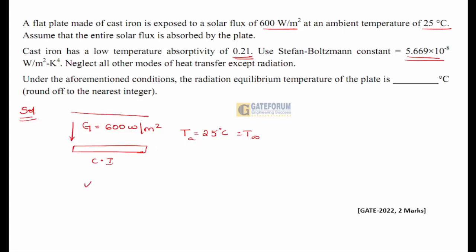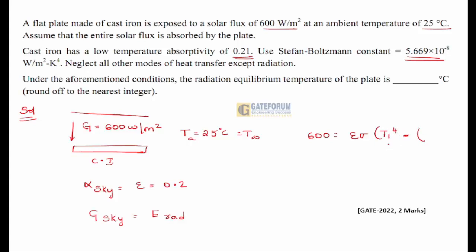So we can say absorptivity of sky is equal to emissivity, which is 0.21. When you balance the energy, cast iron radiation, that is 600 is equal to absorptivity sigma (T1 power 4 minus T2 power 4).